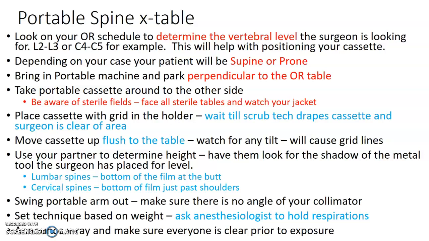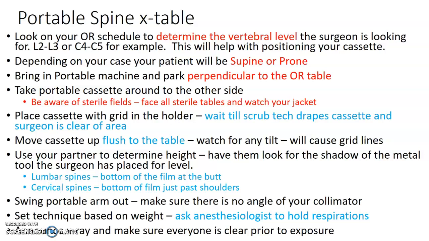Be aware of the sterile field. So face all of the sterile tables and watch your scrub jacket. Make sure it's buttoned before you go in. Walk all the way around, find the grid holder, put the cassette in the right way, make sure it's facing the correct way, and then you're going to wait.